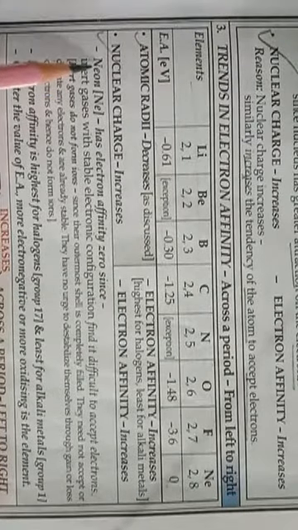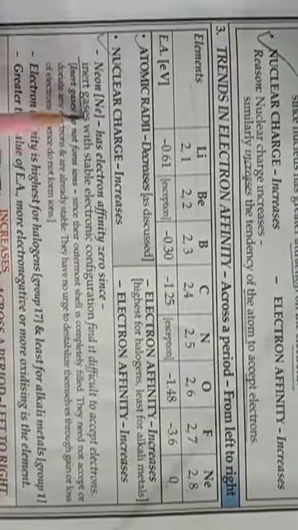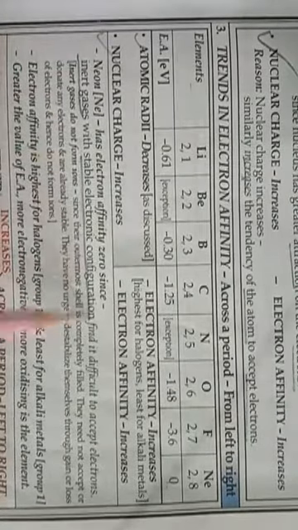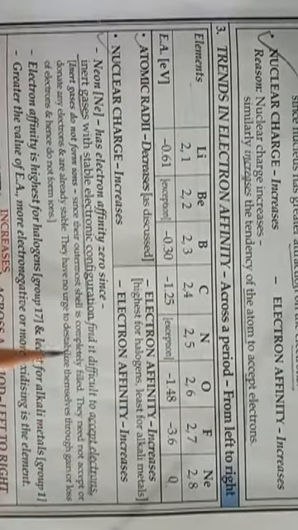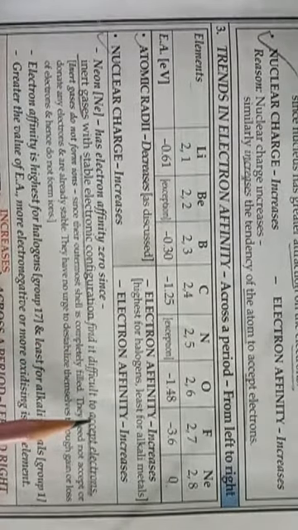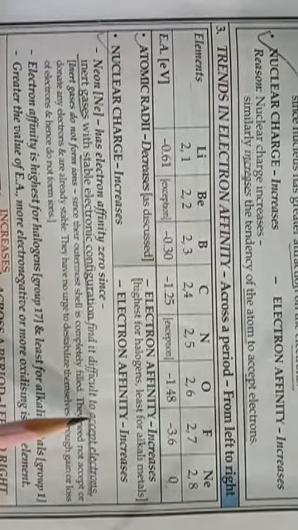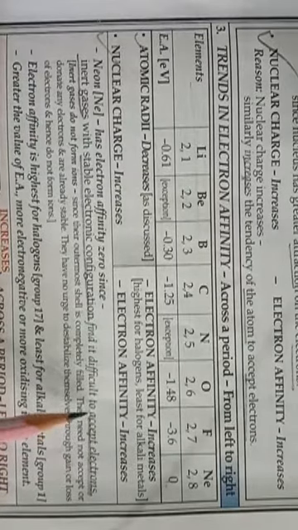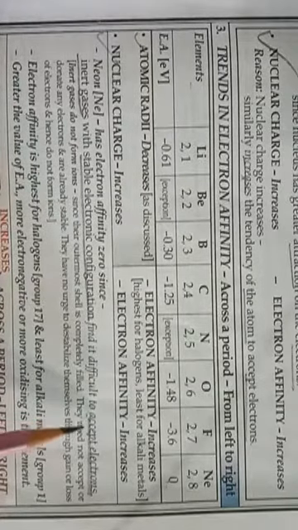Then neon has electron affinity 0, since inert gases with stable electronic configuration find it difficult to accept electrons. Okay, so noble gases are already stable with 8 electrons or duplet condition, so they do not want to gain further electrons, and a new electron can disturb their stability.